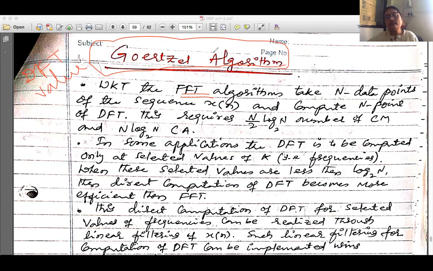So we will have a look at the FFT algorithm first, and then we will talk about why the Goertzel algorithm. The FFT algorithm takes N input data points from the sequence x of n, and it calculates the N point DFT.